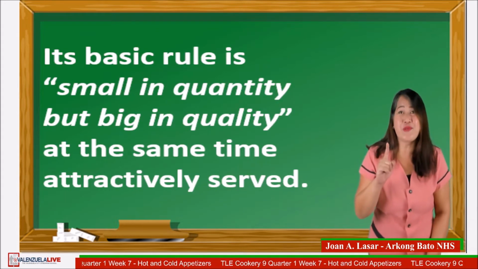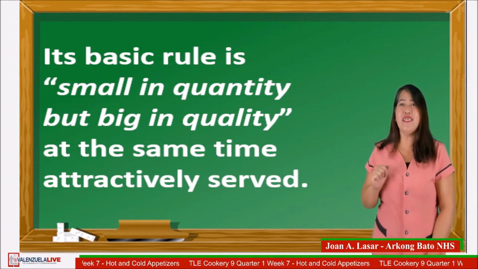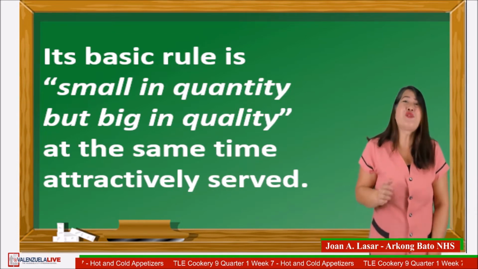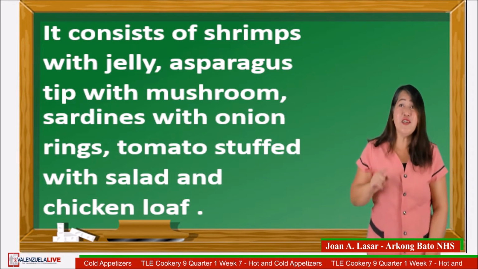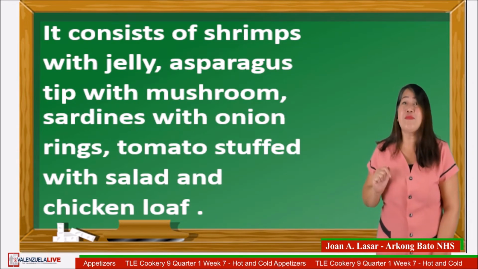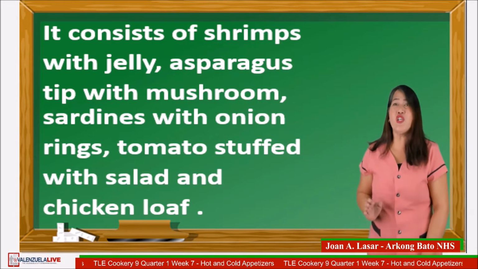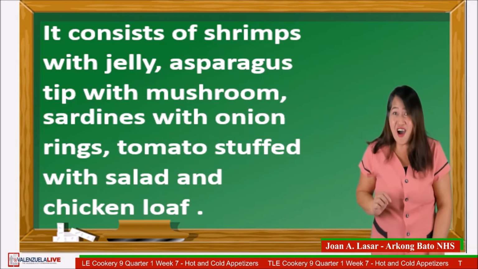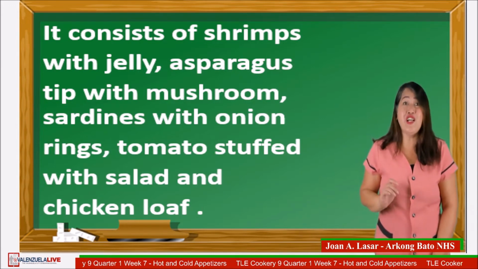Its basic rule is small in quantity but big in quality, at the same time attractively served. Consists of shrimps with jelly, asparagus dip with mushroom, sardines with onion rings, tomato stuffed, and with salad and chicken loaf.